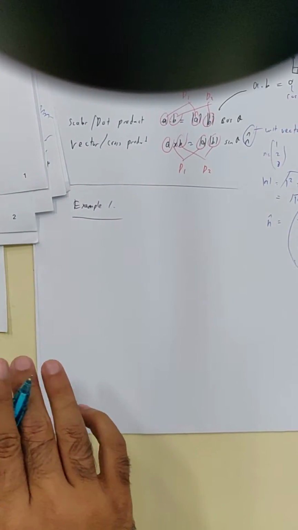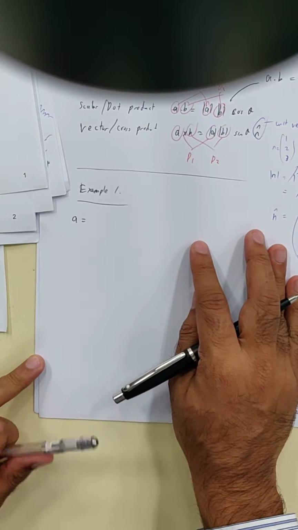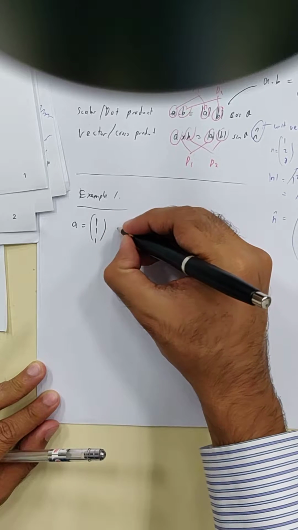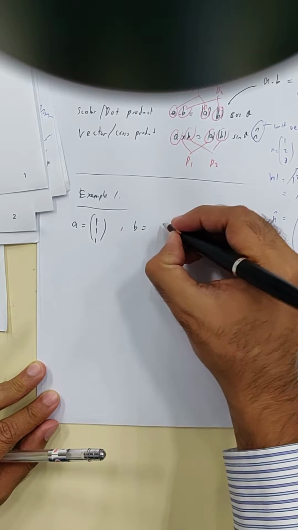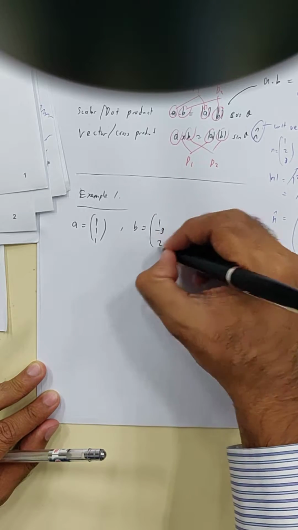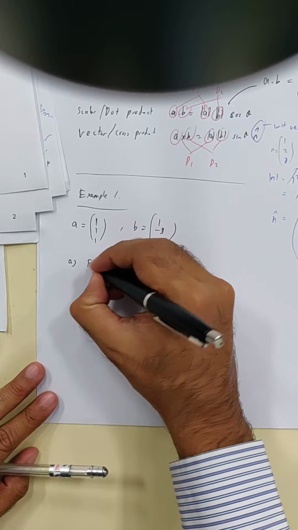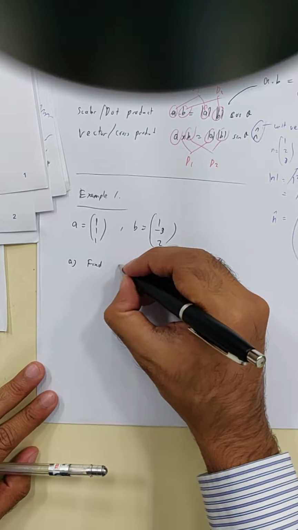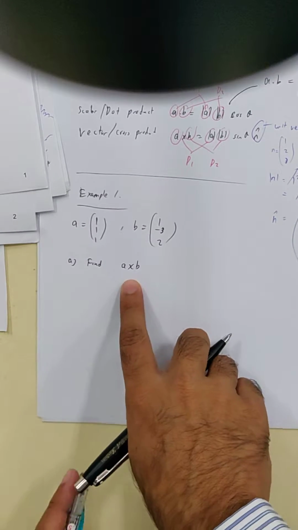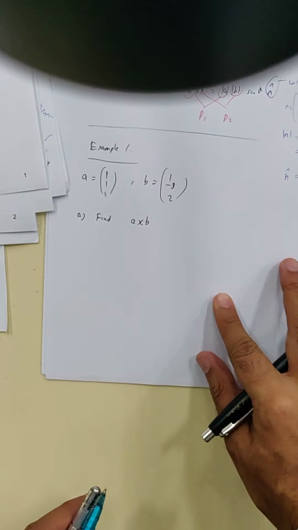Okay, so if you got yourself example 1, let's say A equals to 1, 1, 1, and B equals to 1, negative 3, 2. And then the question can easily say, find A cross B. Do we call this times? We call it cross.